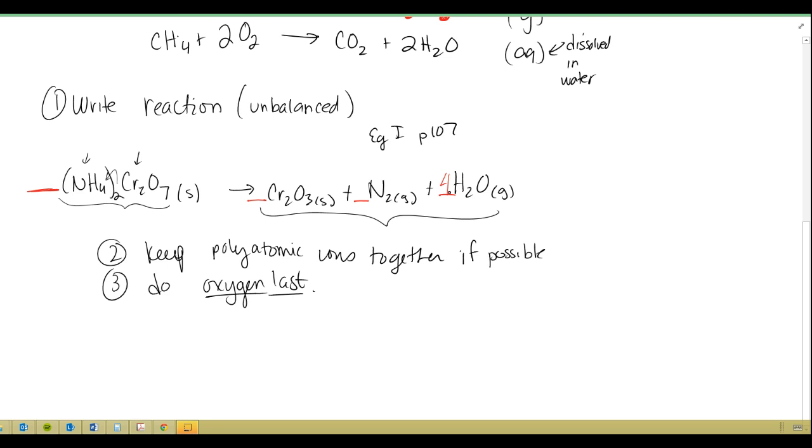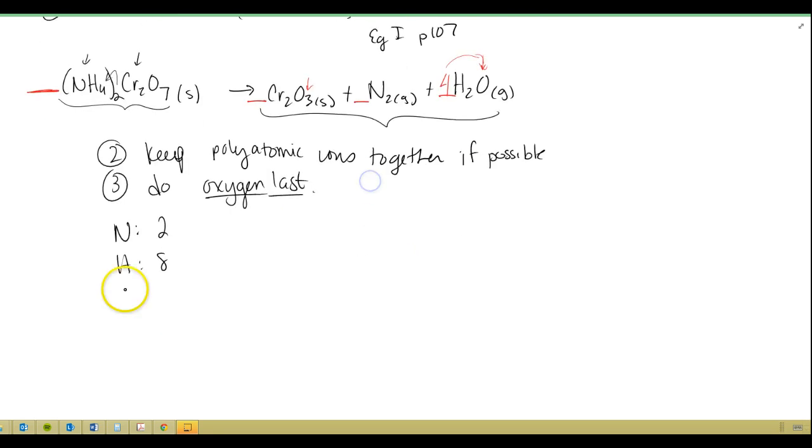So my nitrogens are good, my hydrogens are good, my chromiums are good, they're already at 2, and then oxygen's at 3, but I also have 4 more over here, that makes 7. So I've got 3 oxygens here plus 4 more over there, because that 4 goes all the way over to this, and that makes 7. So I compare on the left, nitrogens I have 2, hydrogens I have 8, chromium I have 2, and oxygen I have 7.